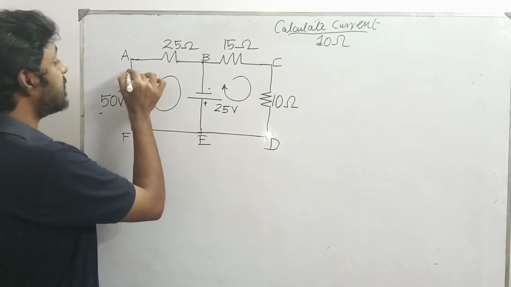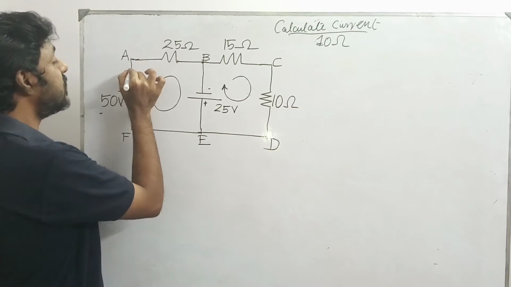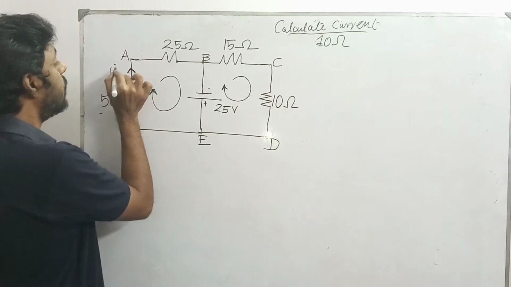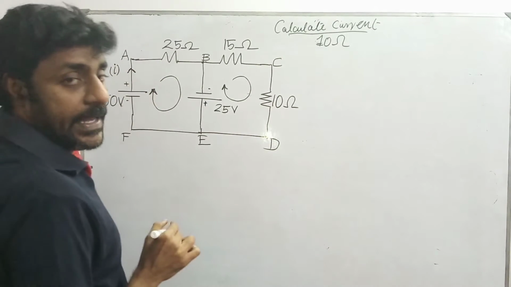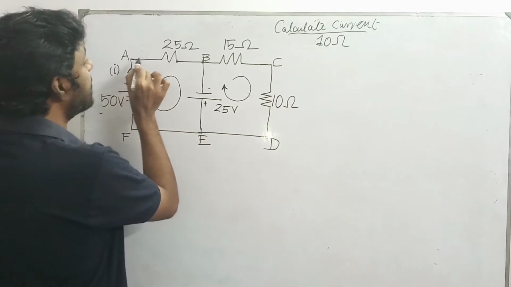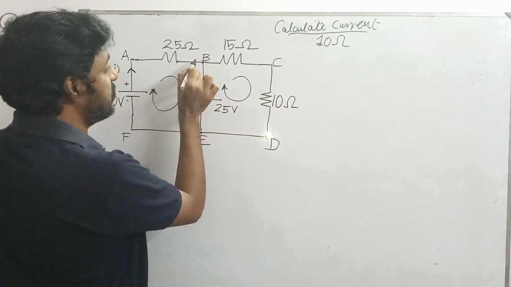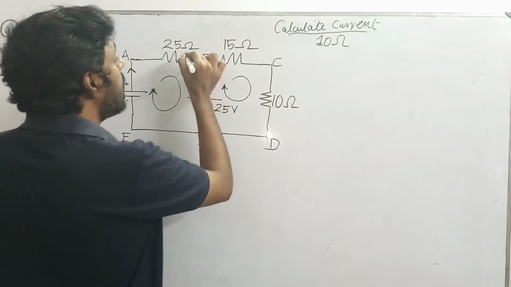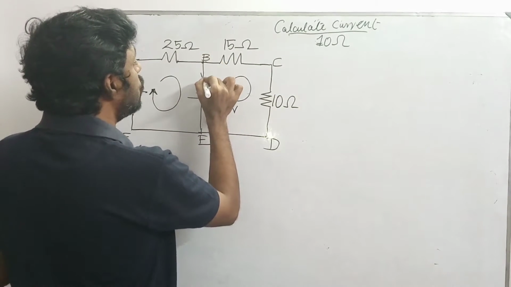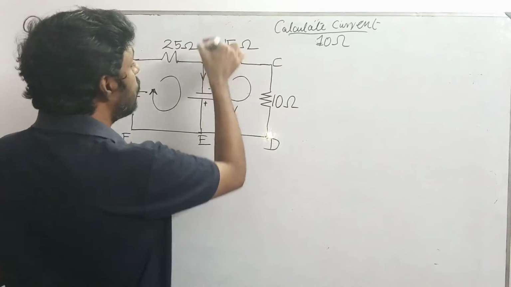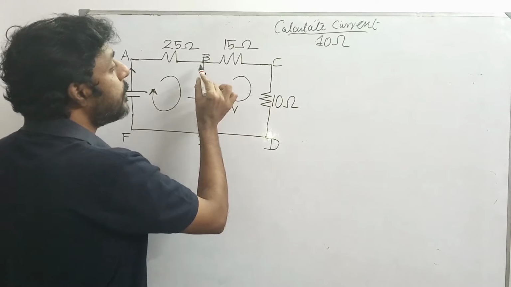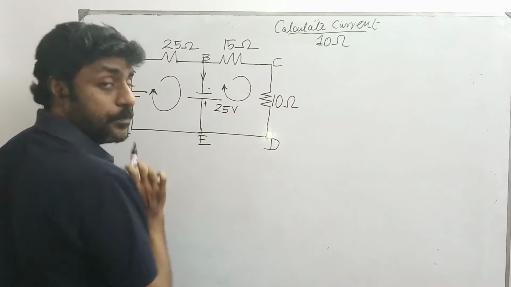Let us assume that the current flowing out of this battery is I, denoted by small letter I. This current I passes through this 25 ohm resistor. At this junction B, the current will be divided into two. One current flows along the branch BE and another current flows through the branch BCDE.